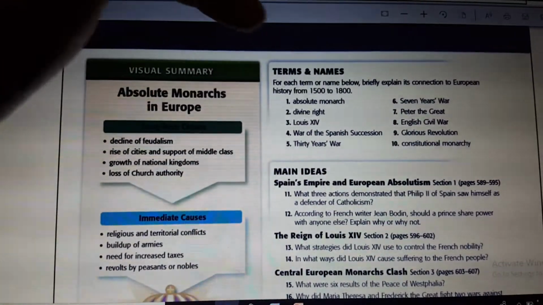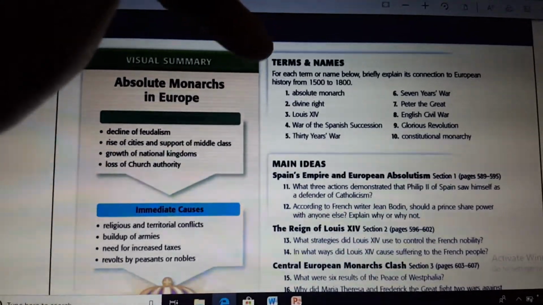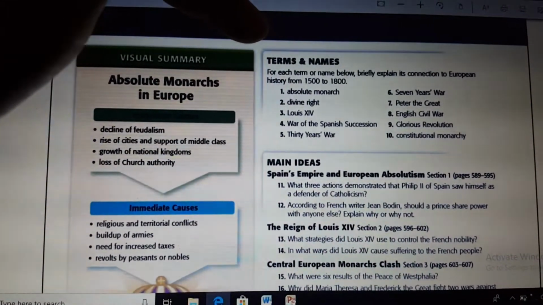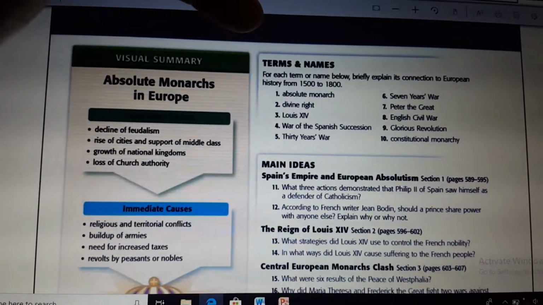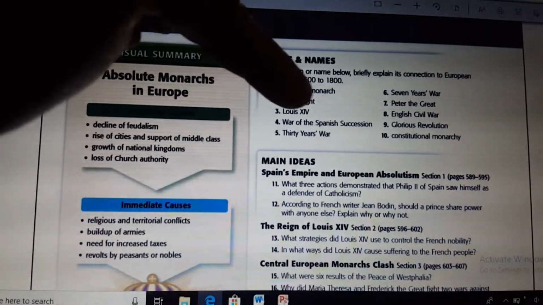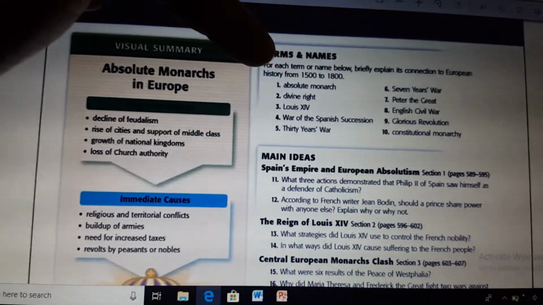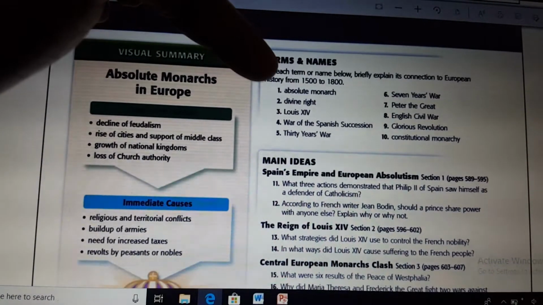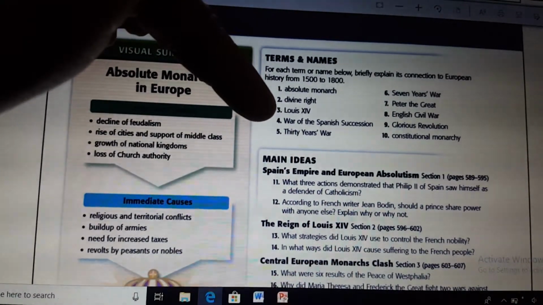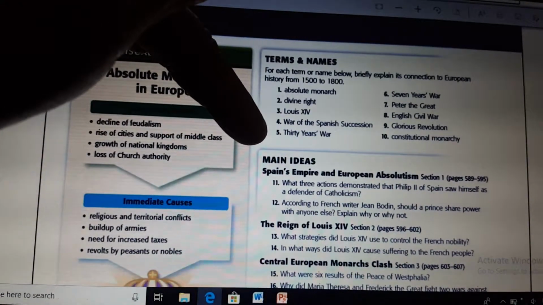This section here is entitled Terms and Names. It reads, for each term or name below, briefly explain its connection to European history from 1500 to 1800. Number 1, absolute monarch. Number 2, divine right. Number 3, Louis XIV. Number 4, War of the Spanish Succession. Number 5, Thirty Years' War.